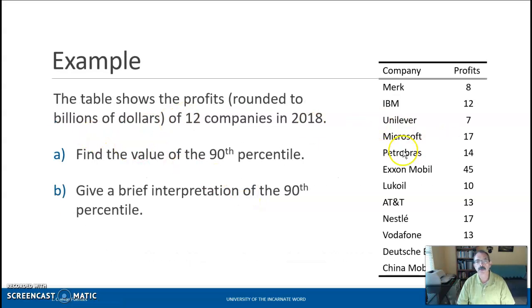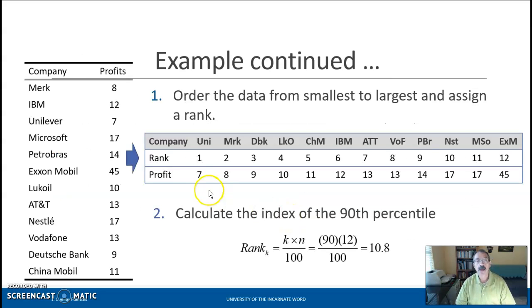In this table, we show the profits, rounded to billions of dollars, of 12 companies in 2018. They're asking us to find the 90th percentile, and to give a brief interpretation of it. All right, so here's the data as given to us.